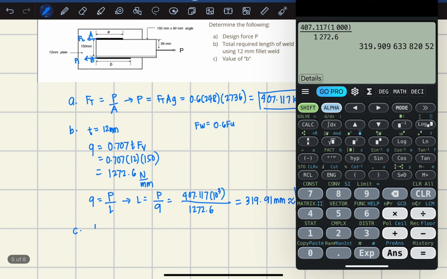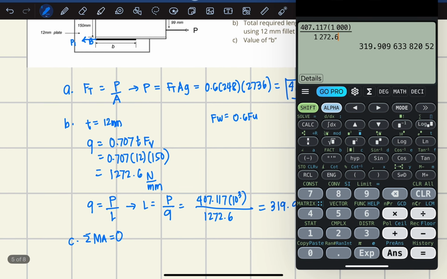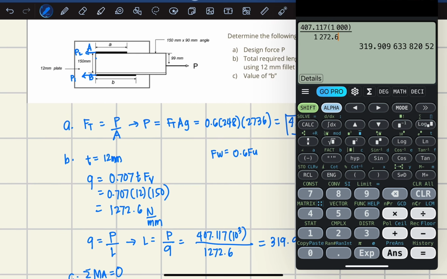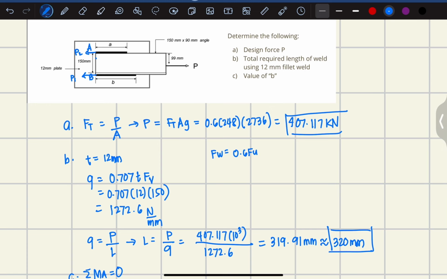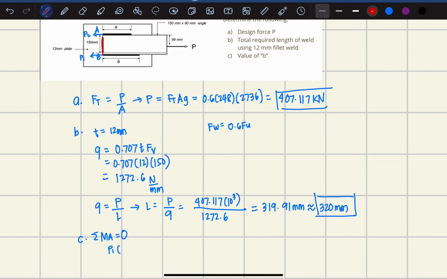Taking the moment at A equal to 0, P1 is unknown times the moment arm, which is the perpendicular distance to the force.